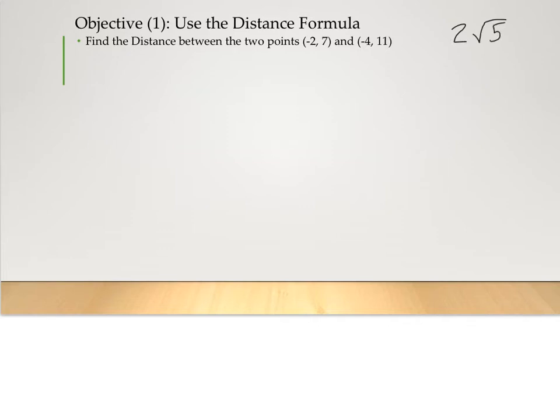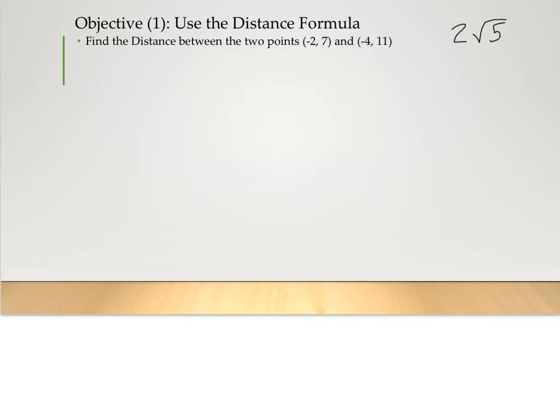Now there's two ways to work this problem. One is you can use a graphic method where you can plot the points on the coordinate system and then count along the y-axis and the x-axis and square those two numbers and add them together and then take the square root, which is the Pythagorean theorem. The other method, of course, is to just use the formula.